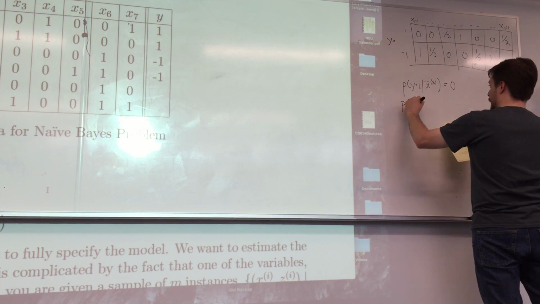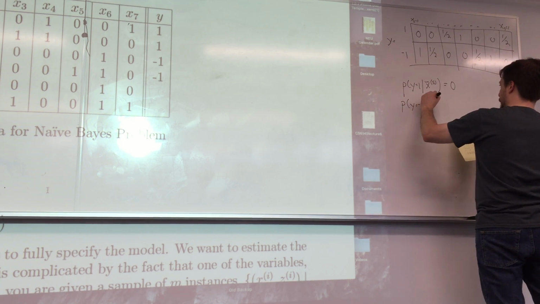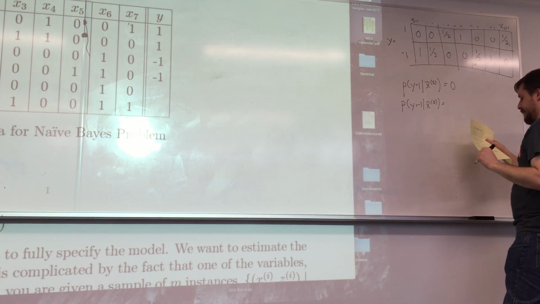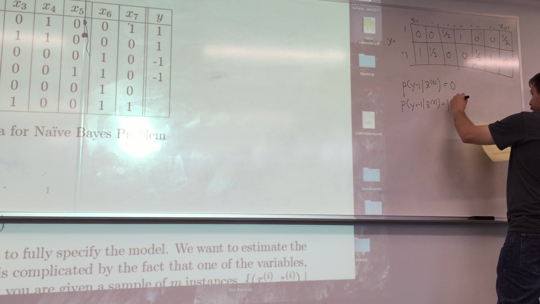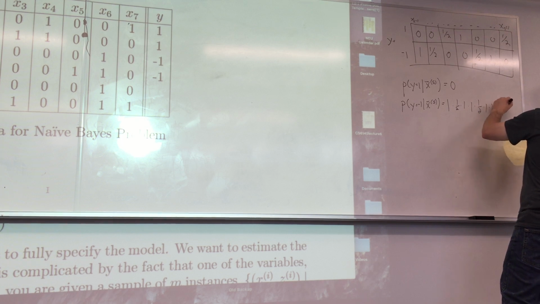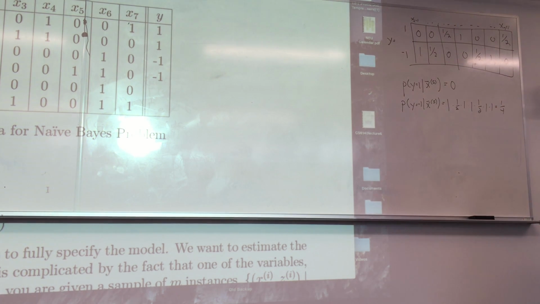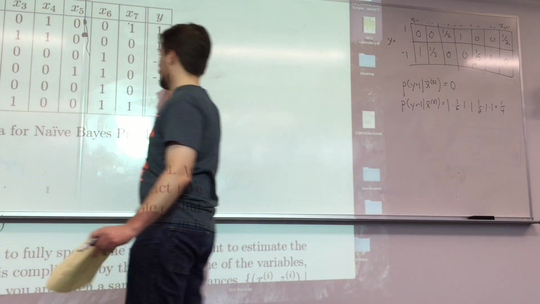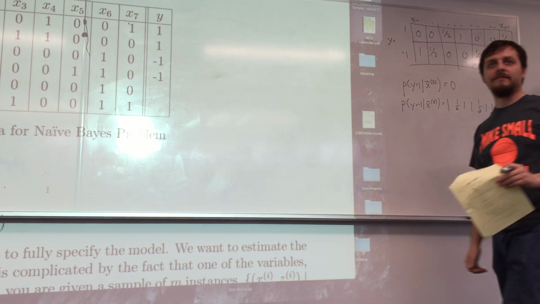And P of y equals negative 1 given x5 equals, it's 1 times 1 half times 1 times 1 times 1 half times 1 times 1, I think. Again, what's x5 again? Oh, it's the training, this one here, this testing example. Oh, that's what you meant. Yeah.